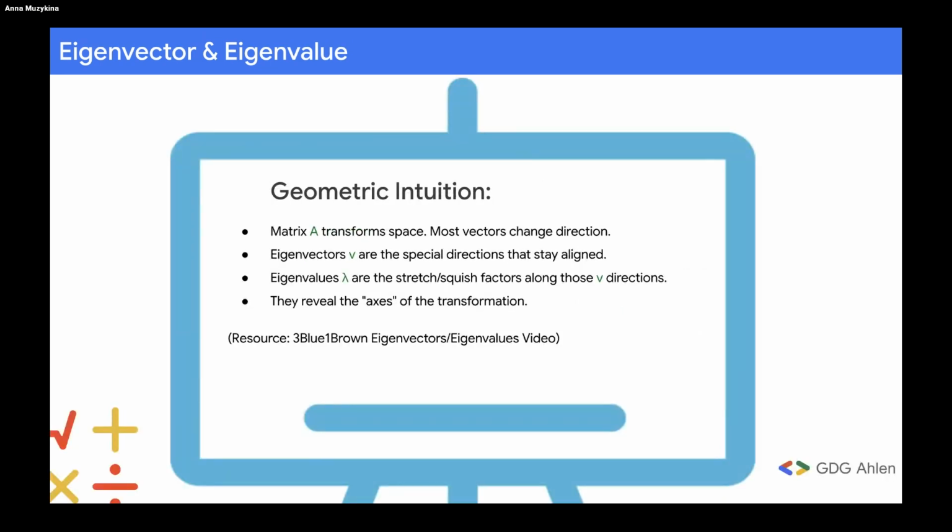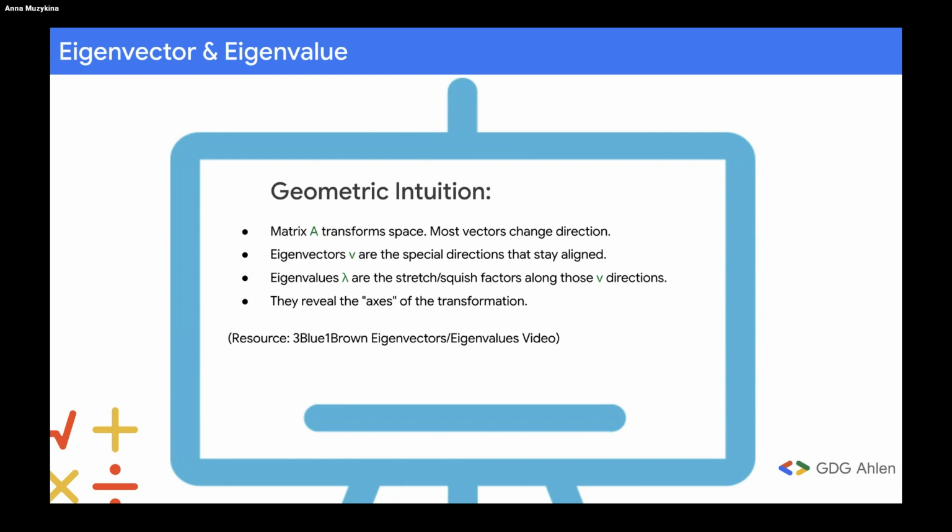Let's visualize this. Imagine the grid lines of your coordinate system. Applying a matrix transformation A might stretch, shear, or rotate that grid. Most vectors drawn on that grid will point in completely new directions after the transformation. However, the eigenvectors represent those special directions that, after the transformation, still lie perfectly along the original direction lines.